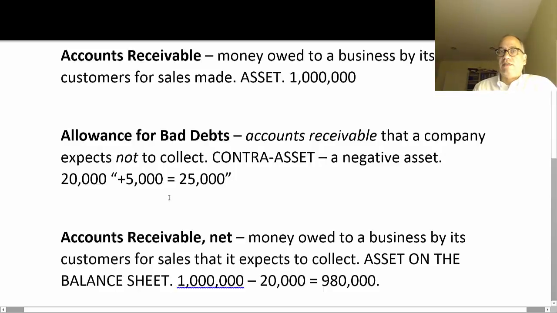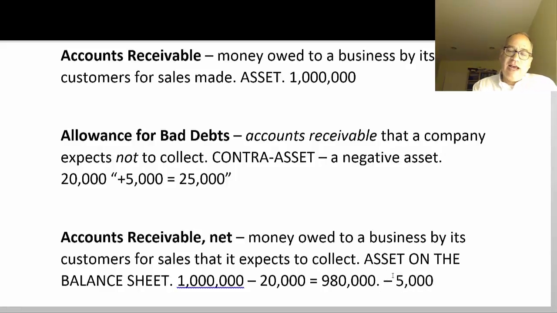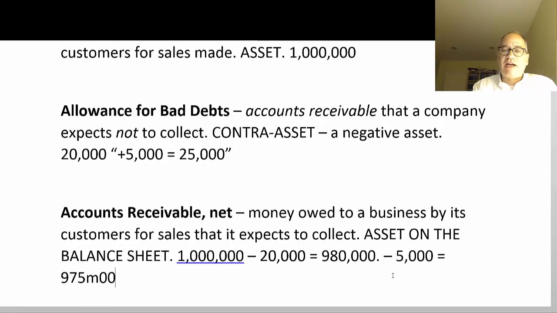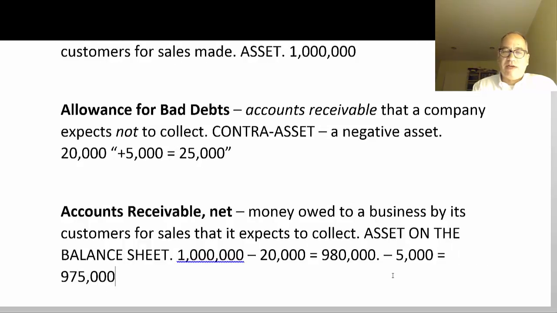So one would increase along with the other, and then the total accounts receivable net would also decrease by $5,000. The mechanics of how to do this we haven't covered yet, but we will be covering exactly how you would record bad debt expense by the end of the semester.